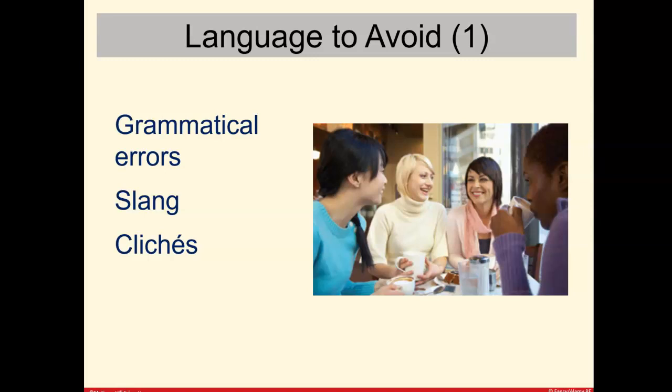The next one is cliches. Cliches are phrases or sayings that have worn out their usefulness. So for example, "it's all in a day's work" is a cliche. And sometimes we revert to those a lot.